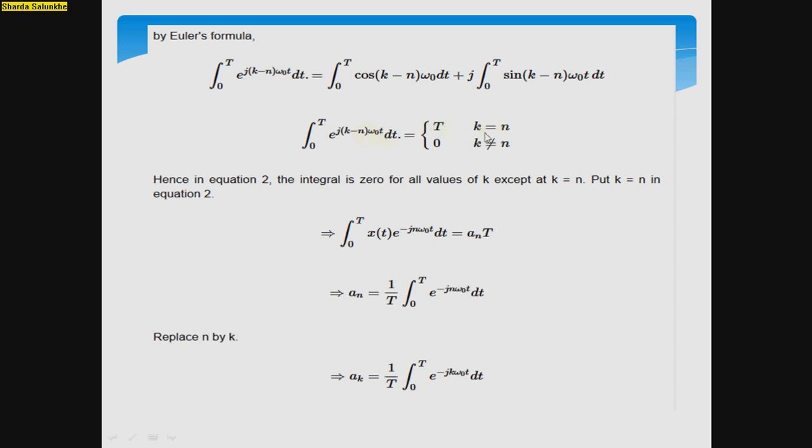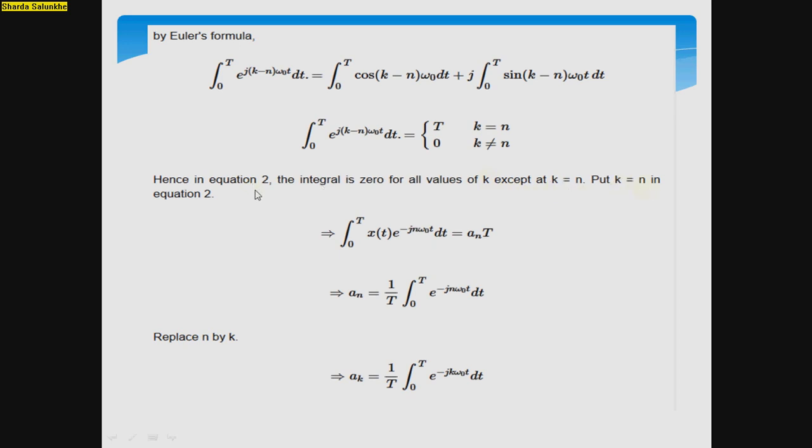It is equal to T for k equal to n. If you place k equal to n, you will get the period T. But if k is not equal to n, this expression will be 0. Hence in equation 2, the integral is 0 for all values of k except at k equal to n.